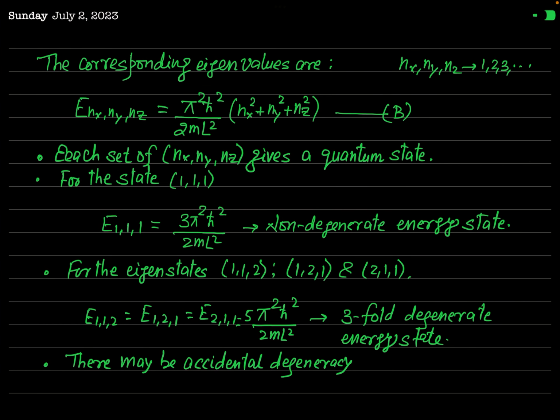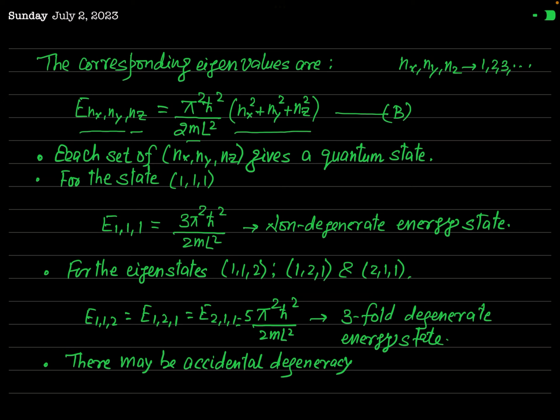The energy eigenvalue obtained after the solution of Schrodinger equation is like this. E of n, E nx, ny, nz equal to pi square h bar square over 2 ml square, nx square plus ny square plus nz square.